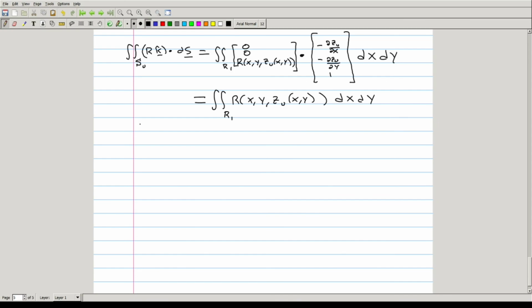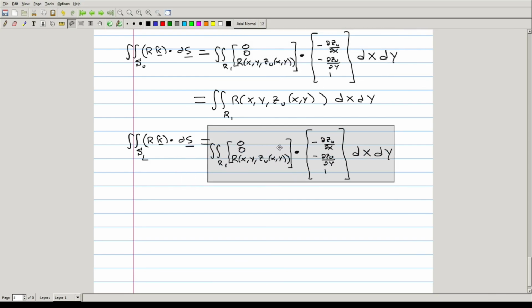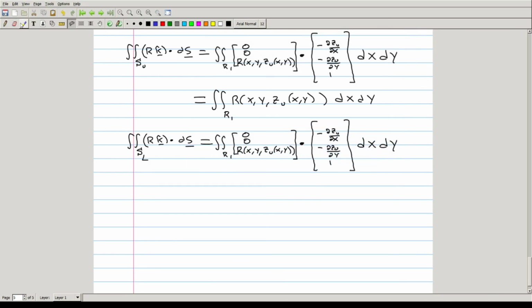And likewise, when we consider the surface integral over S lower, so the lower surface, we get that this is going to be the double integral of the vector field R, evaluated not at z upper but at z lower.